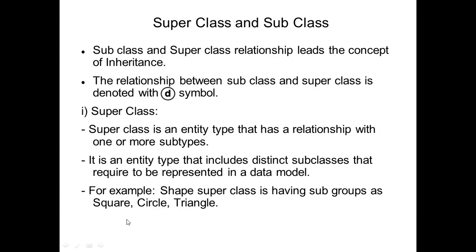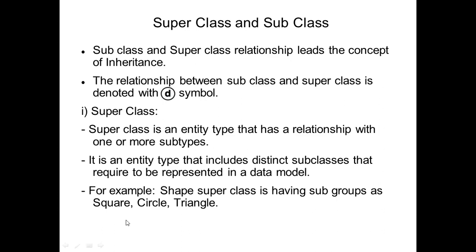Then what is superclass? It is an entity which has the relationship with one or more subclasses or subtypes. We can say that superclass is nothing but the parent. It is the root. It includes all the distinct subclasses that are required to be represented in the data model.